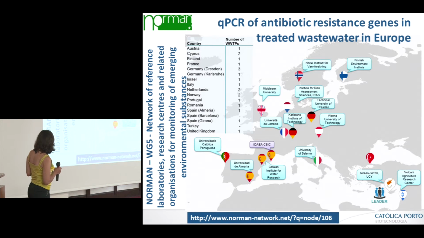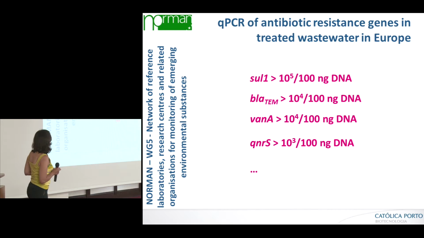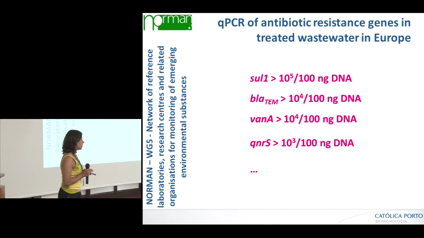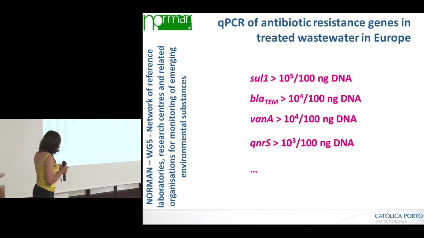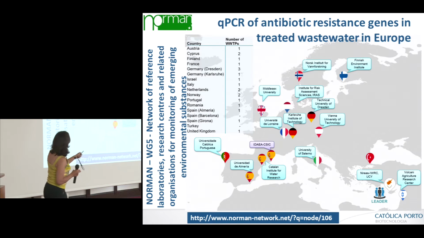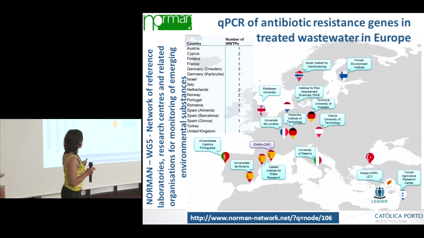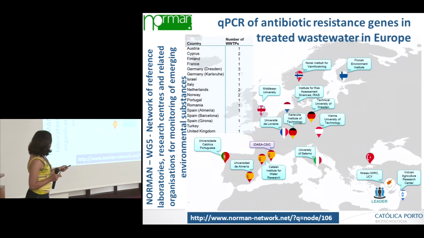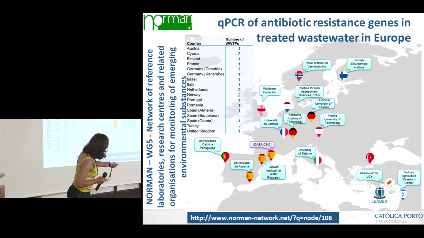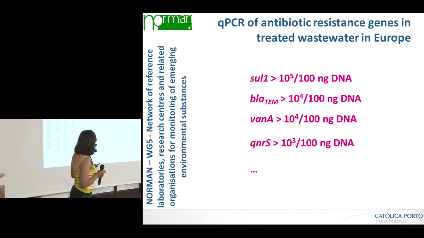This is made under the scope of Working Group 5 of the NORMAN network. NORMAN is a network of research and reference laboratories. And we analyzed, we are in different countries, I think 20 or something, from west to east Europe. The easternmost country is Israel.